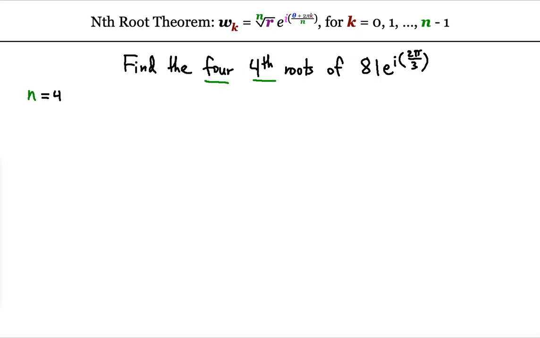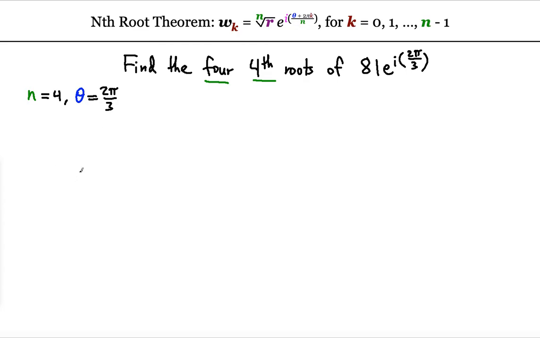Now, the next thing is to know that the angle theta, or the argument of the complex number, is going to be equal to 2 pi over 3.